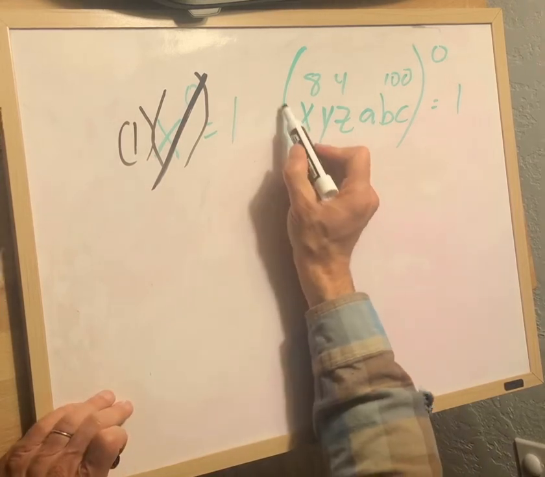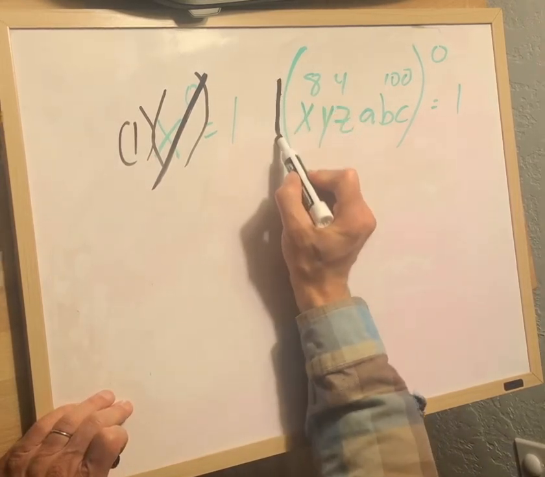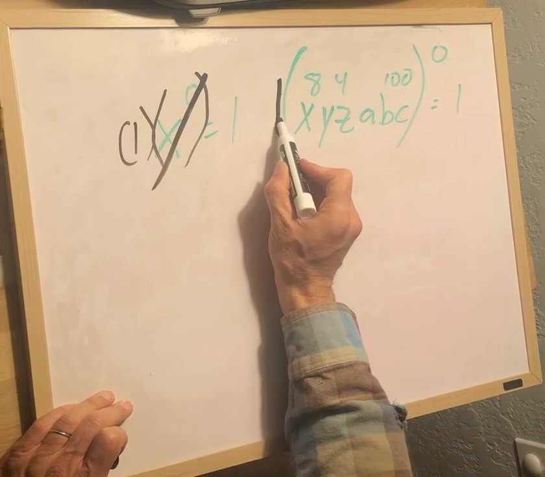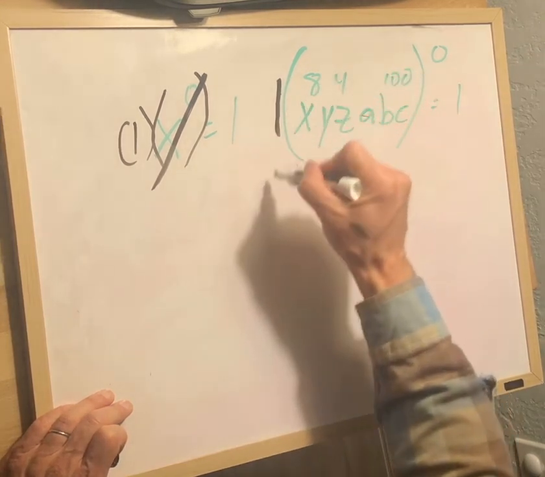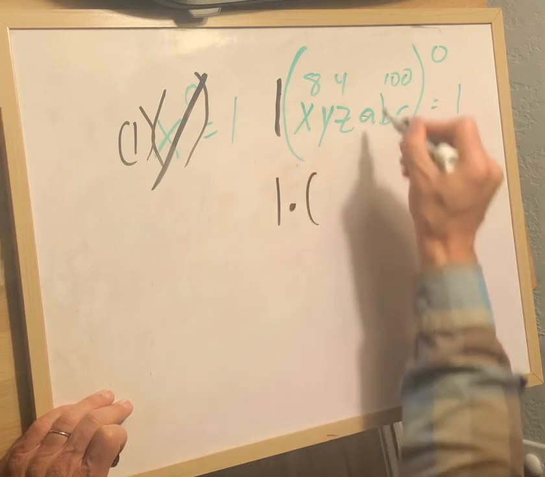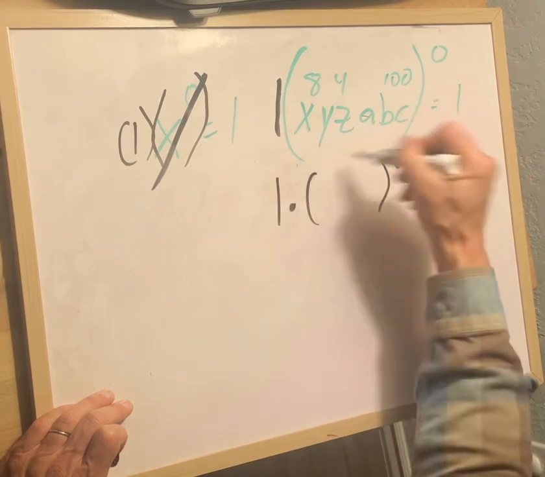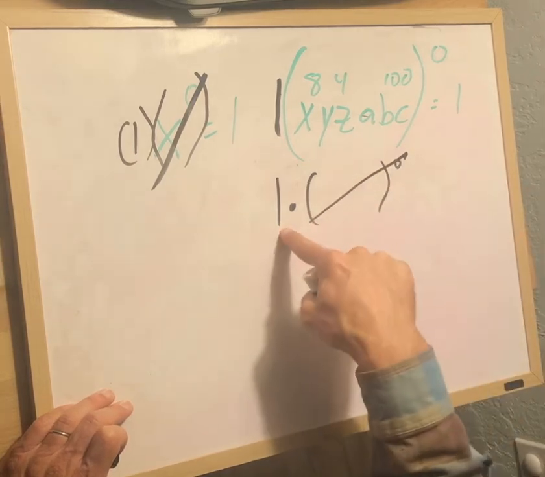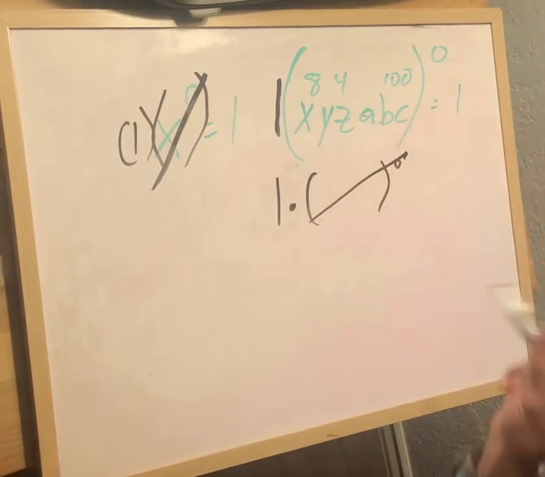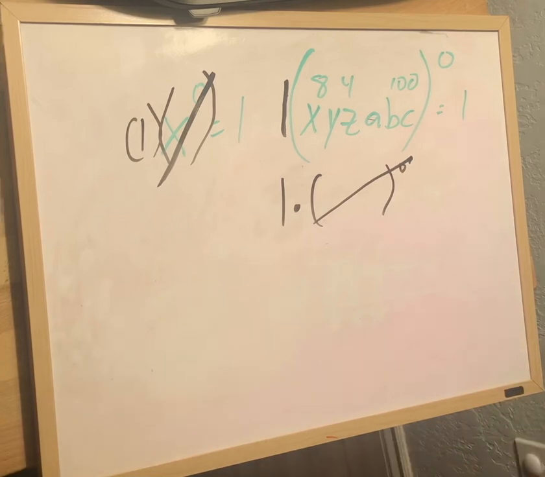Technically, what's in front of this parenthesis? It's a 1. It's 1 times all of this. But look, if I have 1 times this whole thing to the 0th power, that 0th power means there isn't anything in there. And I am left with that invisible 1. That's why conceptually anything to the 0th power always equals 1.